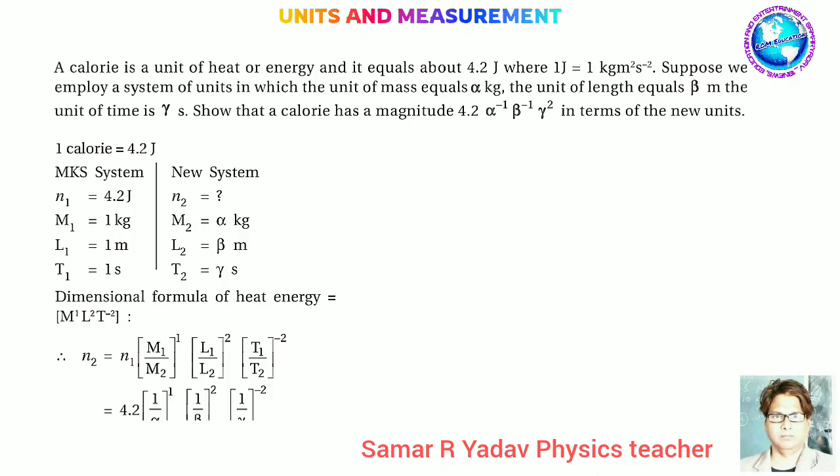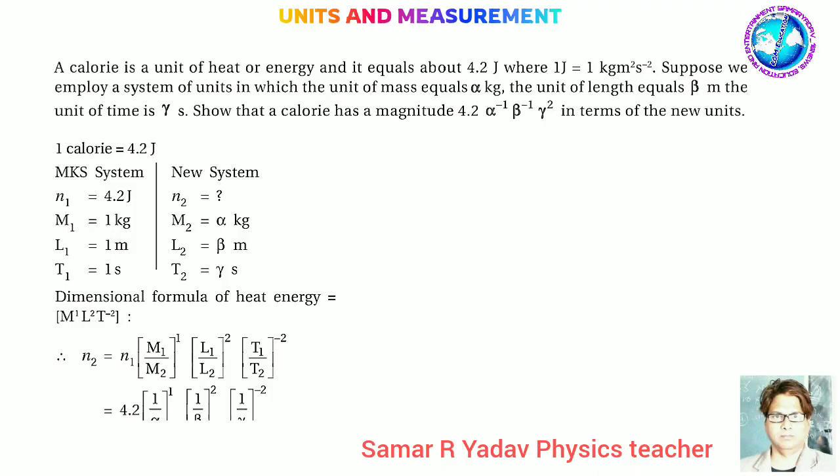Suppose we employ a system of units in which the unit of mass is equal to alpha kg, the unit of length is equal to beta meter, and the unit of time is gamma second, so that a calorie has a magnitude 4.2 alpha^-1 beta^-2 gamma^2 in terms of the new units. 1 calorie is equal to 4.2 joule. MKS system and new system: n1 is equal to 4.2 joule, M1 is equal to 1 kg, L1 is equal to 1 meter, T1 is equal to 1 second.